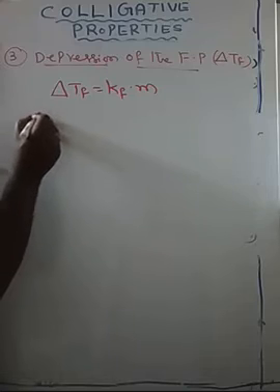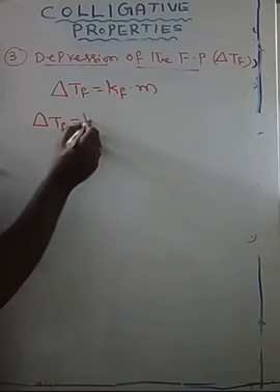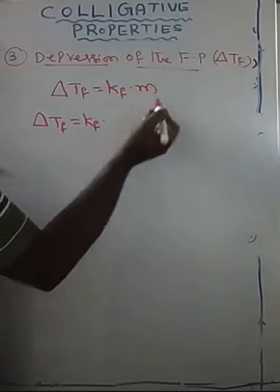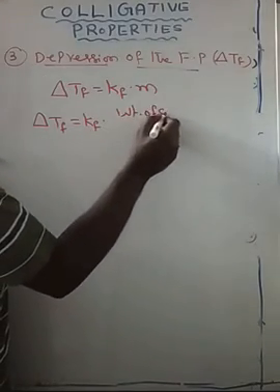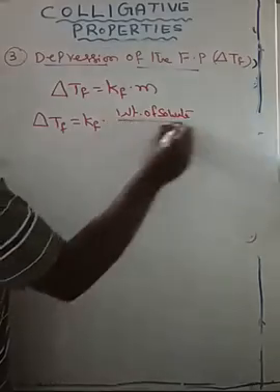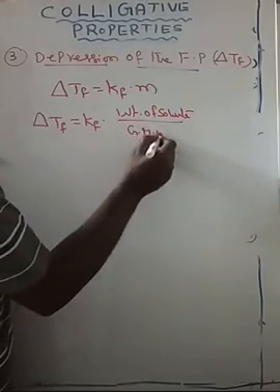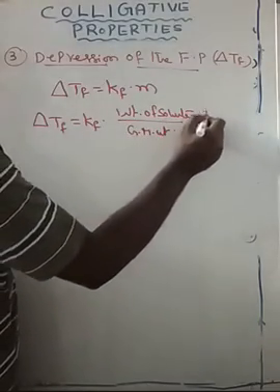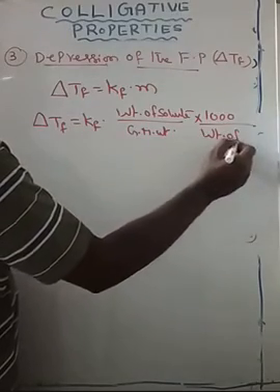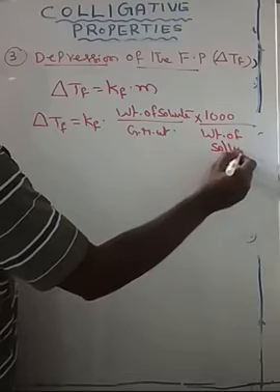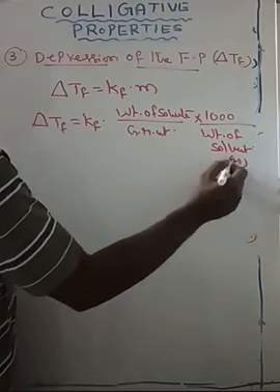Again, delta Tf is equal to Kf into weight of solute by gram molecular weight of solute into 1000 by weight of solvent in grams.